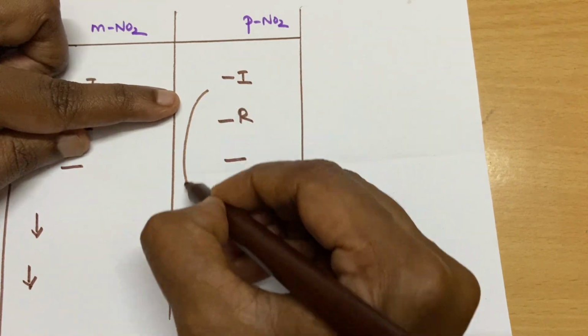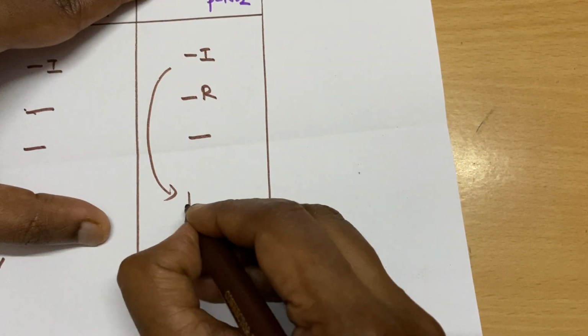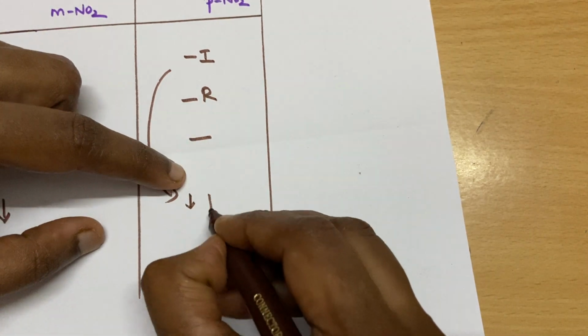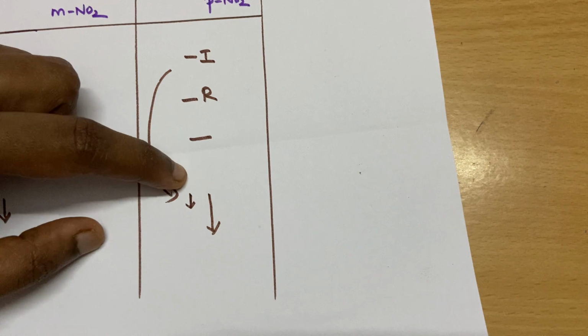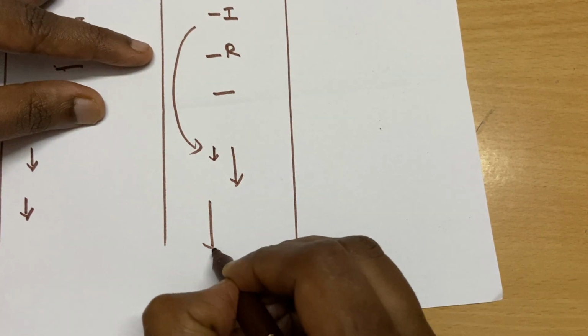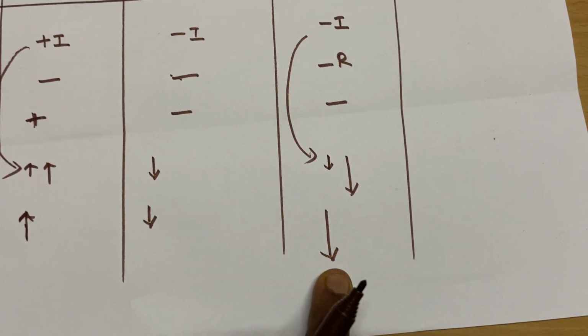Here minus I effect, and it is 3 bond distance away, but it is going to decrease. Minus R, it is in para position, it is going to decrease so much. It is a powerful electron withdrawing group. So these two are in the same direction, it will reinforce. So the net effect is a decrease.